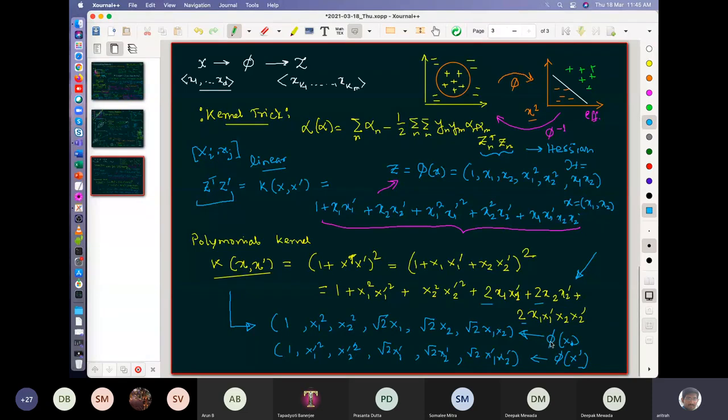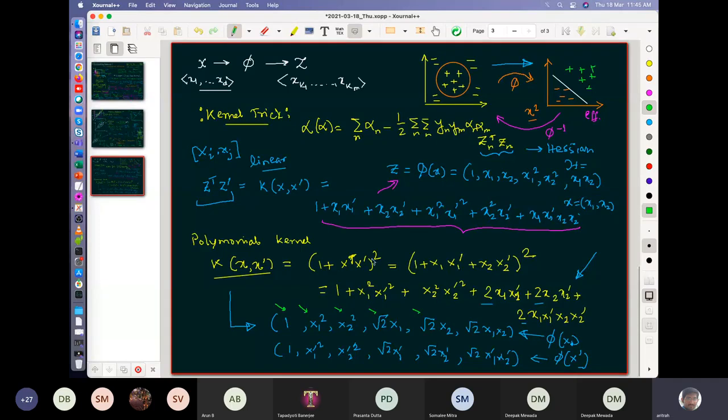So now you see, you only need to know the kernel. You do not need to know phi in order to translate the space, right? Why is it beneficial? Rather than 2, if you go to a qth order dimension, then each and every attribute value of your particular point, you need to convert every point into this higher dimension space.